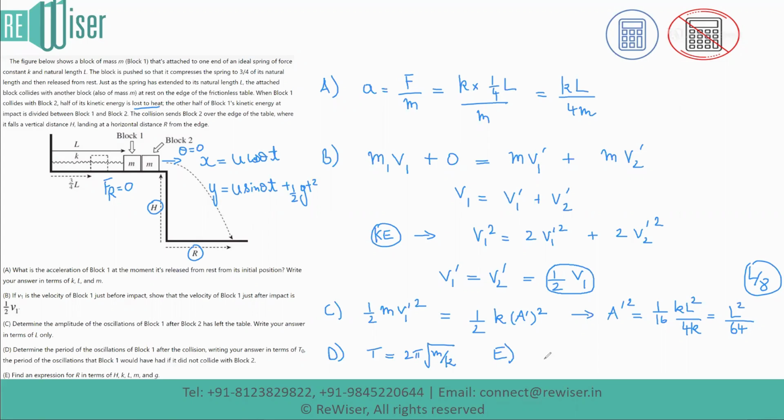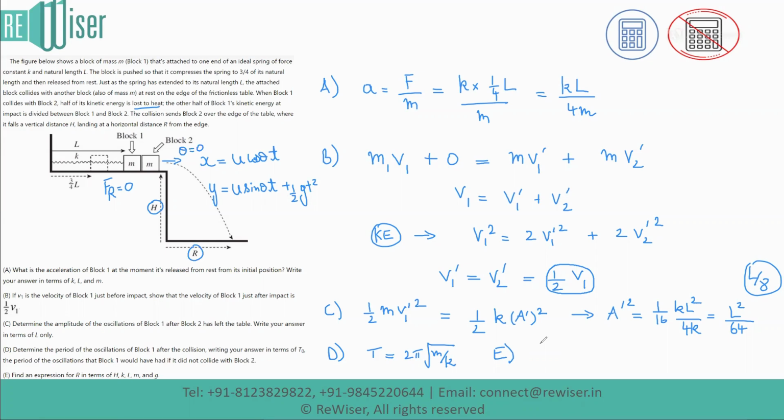Now, the horizontal range r can be found through a standard formula. We have standard formulas for maximum horizontal range, maximum height, and total time of flight.